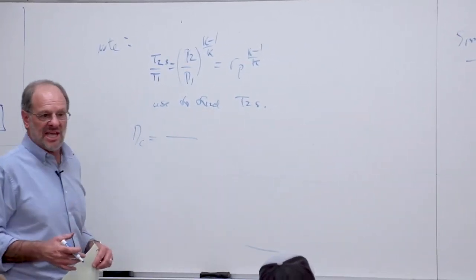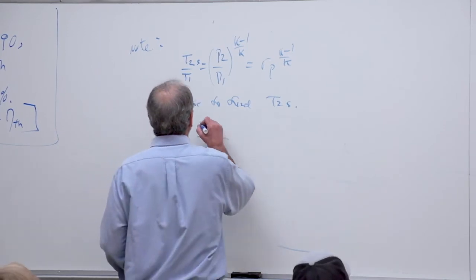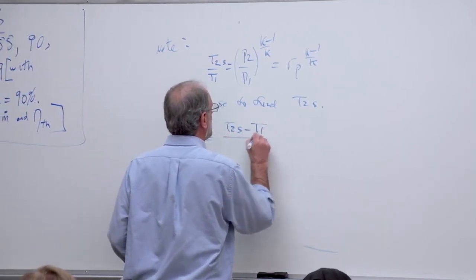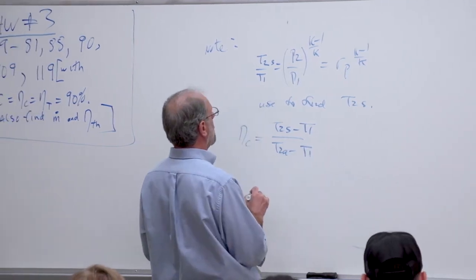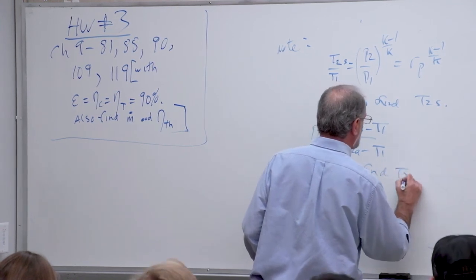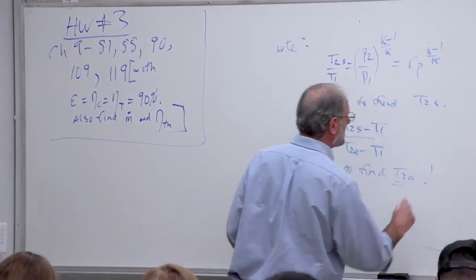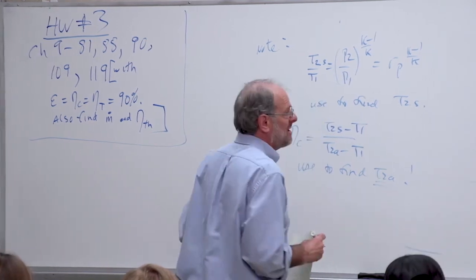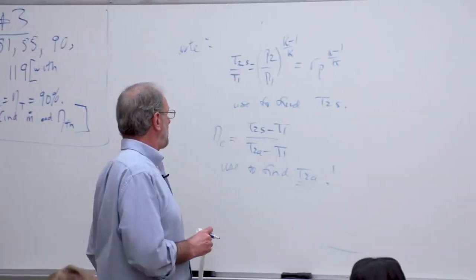So the Cp's are going to cancel, and this is only going to be a function of the temperatures. So this is just T2s minus T1 over the actual temperature at point 2 minus T1. And we use this in order to find T2 actual. And once we have T2 actual, that's something we're going to use directly in our equations, either for work or heat input or thermodynamic efficiency.